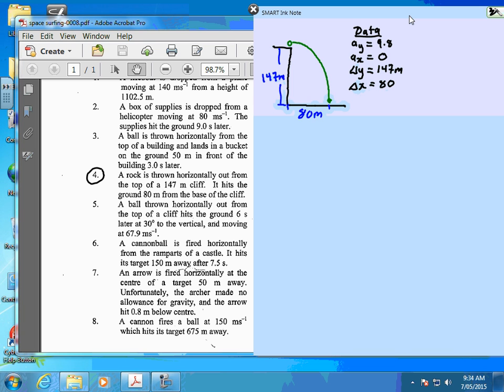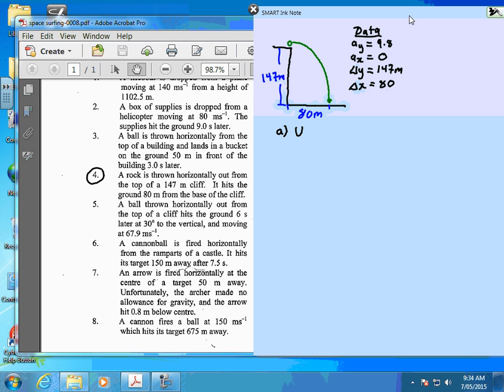Now we've got some problems. Let's solve for that. Can I find out my V? No I can't, because that's not what I've asked. Can I find out my initial speed U? Could you use delta Y? Do I know my initial Y?